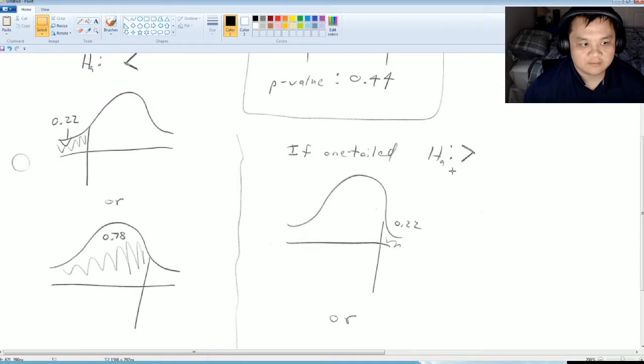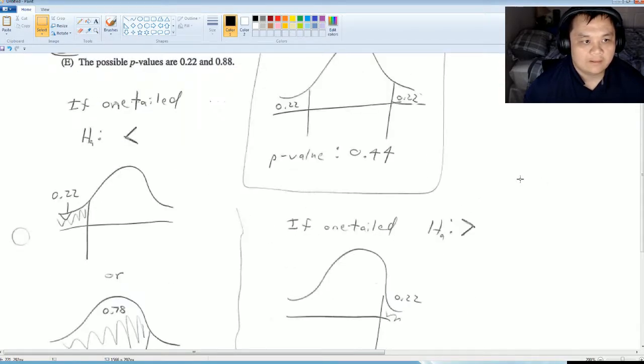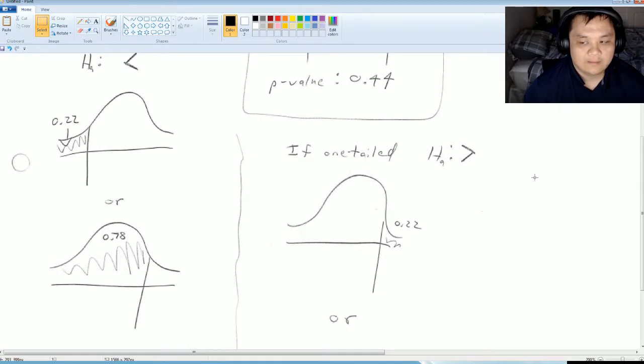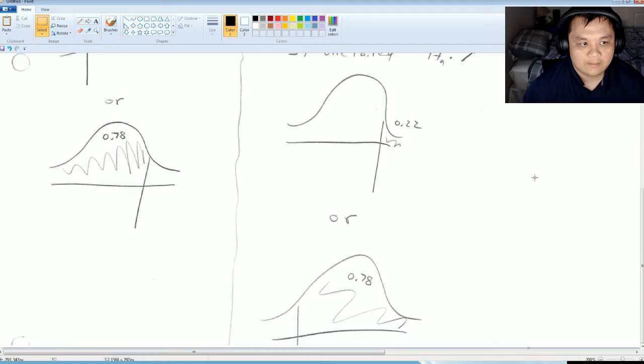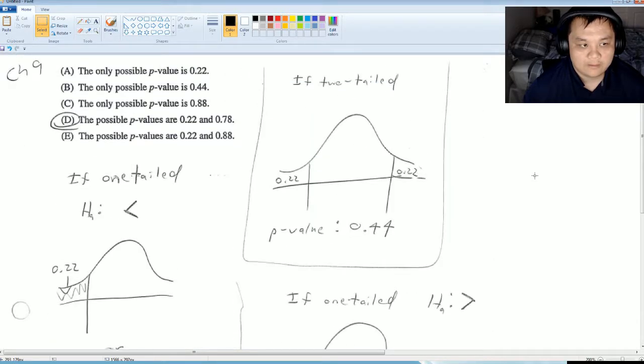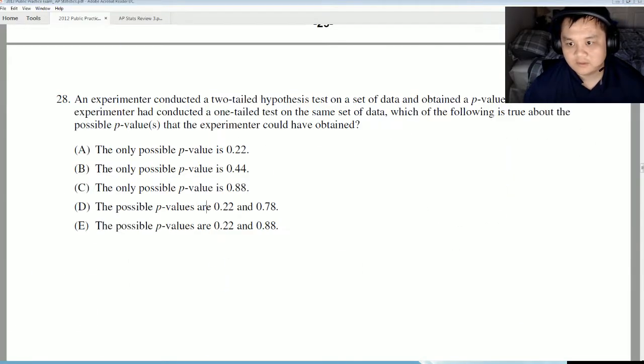Do you see it? Right? So that's why it's D.